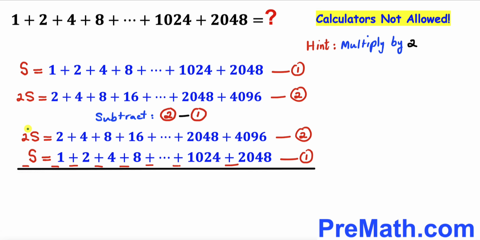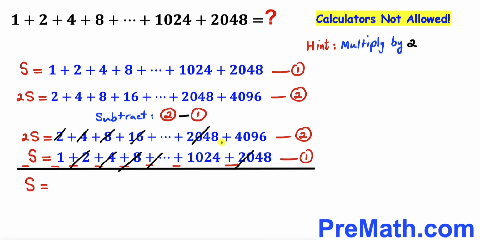When we subtract, on the left hand side 2S minus S gives us simply S. On the right hand side, negative 2 and positive 2 are gone. Likewise, negative 4 and positive 4 are gone, negative 8 and positive 8 are gone, negative 16 and positive 16 are gone. Likewise, negative 2048 cancels out with positive 2048.